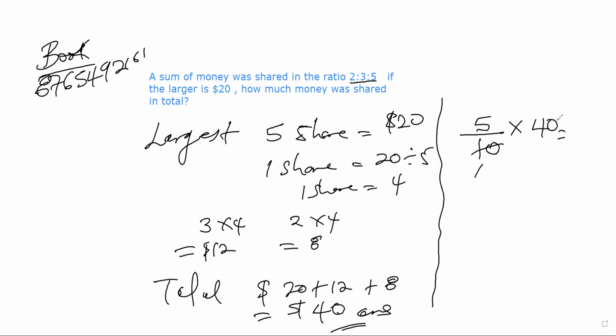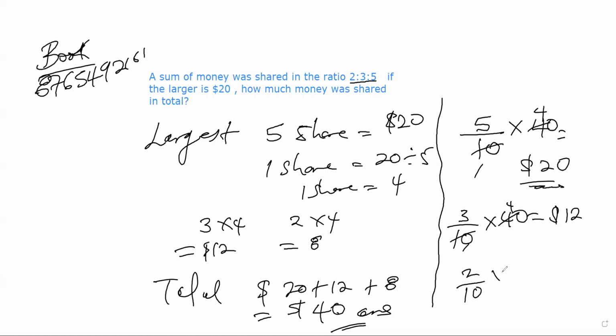So 10 into itself is 1, 10 into 40 is 4, 5 times 4 is 20, right? Also, we could find out for each share. It would be 3 out of 10 for the next one times 40, and then the next one will be $12. And of course, we have 2 out of 10, so that person will get $8. So when you add the 8, the 12, and the 20, you still get back 40.